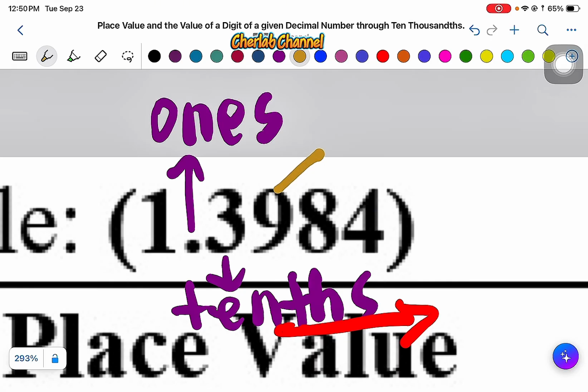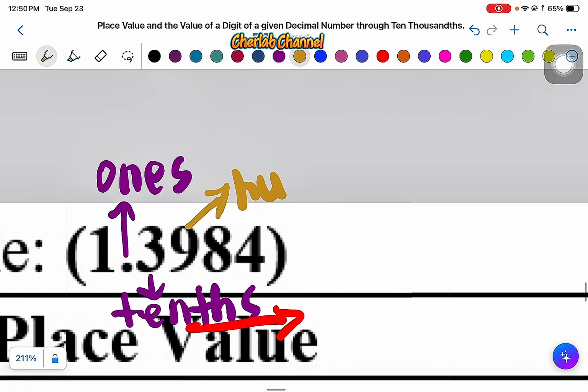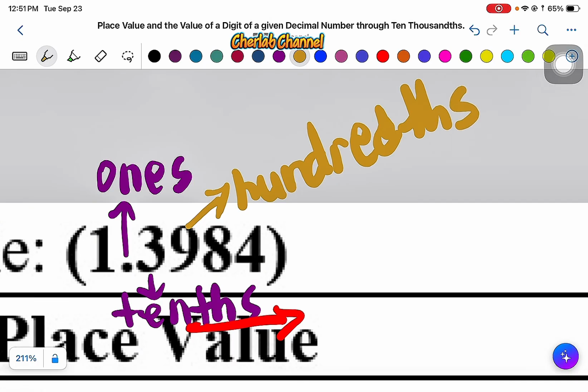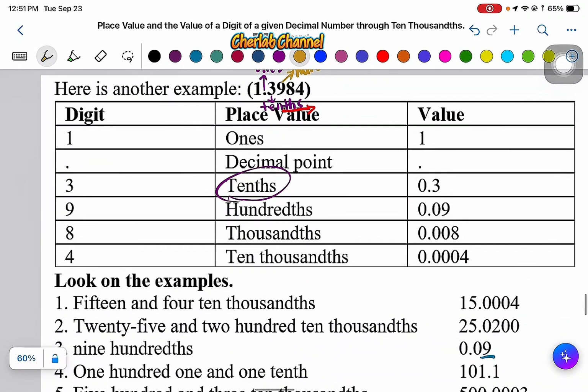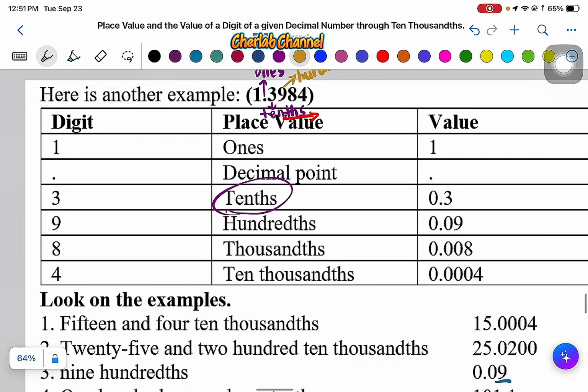Which means also that number 9 as the third digit would become ones, tens, hundreds. Okay? Hundredths with THS. Okay? And so on and so forth. Then 8 again would be thousandths or with the value of 0.008.